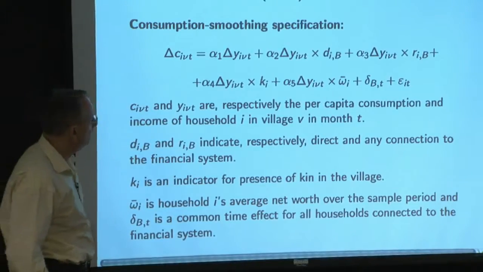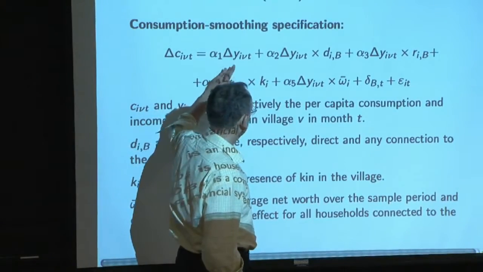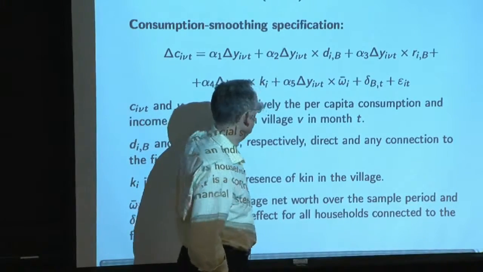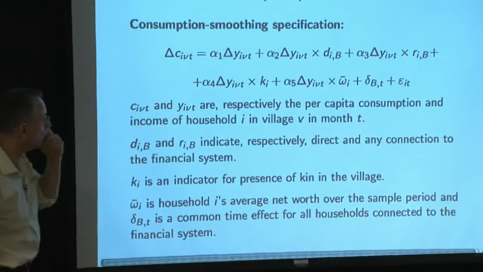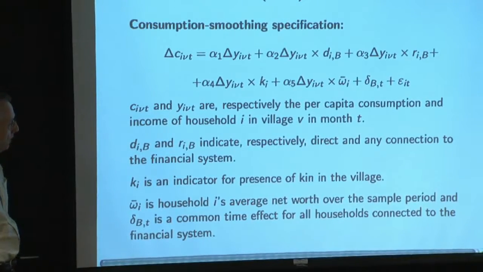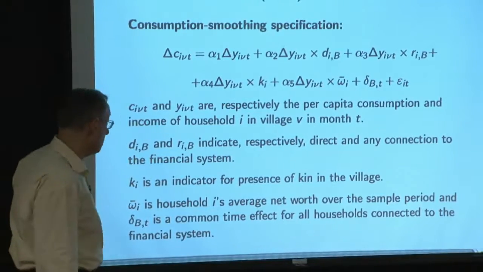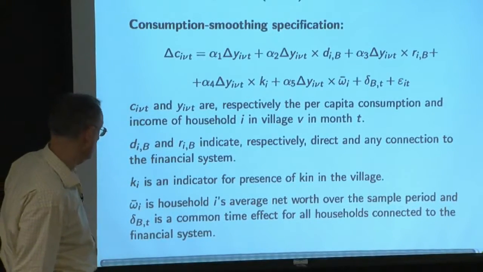K is kinship. That's also we're trying to distinguish sort of having family in the village as opposed to having measured transactions. It's a bit heroic. We don't have instruments for whether you're in a network or not. It's a problem for us and for a lot of this literature.